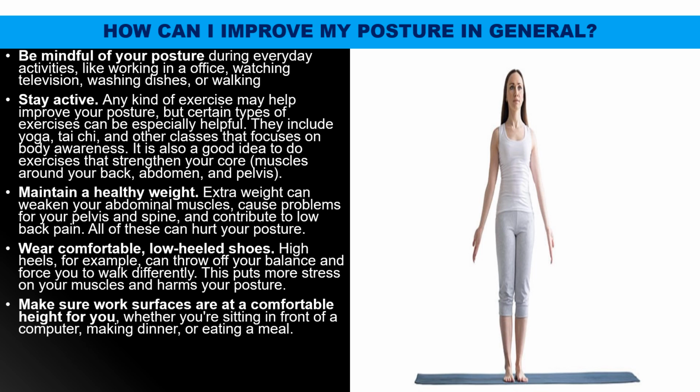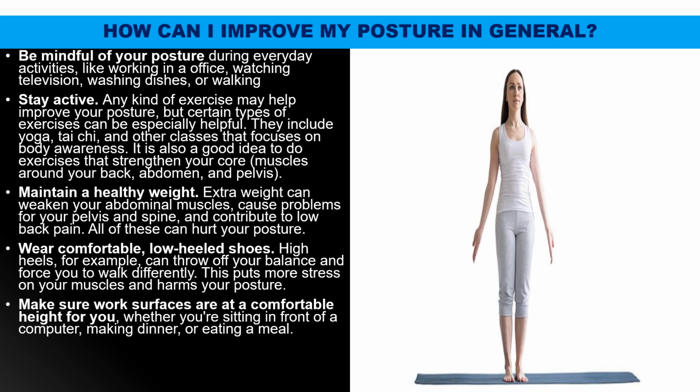Okay, make sure your work surfaces are at a comfortable height for you. Another thing, we must have the right chair and table. It also creates a lot of problems. In case the table is very high and the chair is very low, it will make some problem.